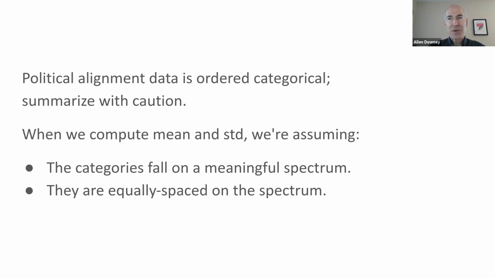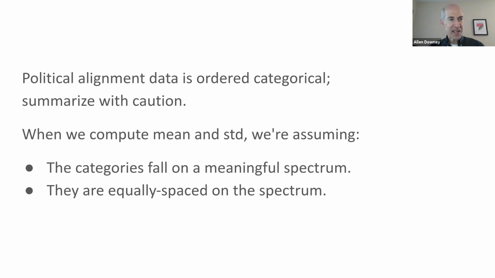They are represented using integers, and we just computed the mean and standard deviation of those integers. So in effect, we're taking this thing that's actually categorical and treating it as if it is a continuous numerical quantity. You can sometimes do that. It's reasonable, but you need to be cautious. One is we're assuming that these values fall meaningfully on a spectrum, which in this case is probably true, but also that the quantities are equally spaced on that spectrum.